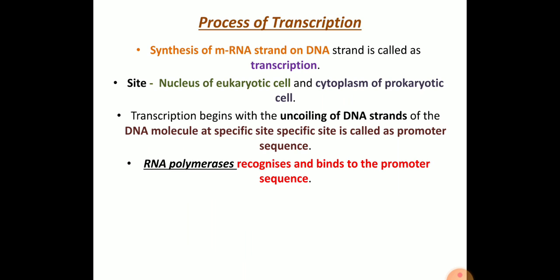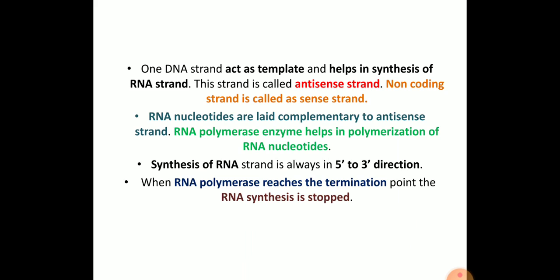Once the binding of RNA polymerase takes place, one DNA strand acts as a template and helps in the synthesis of the RNA strand. That is called the antisense strand or non-coding strand. The coding strand is also called the sense strand. The RNA nucleotides are laid complementary to the antisense strand, and the RNA polymerase enzyme helps in the polymerization of the nucleotides.